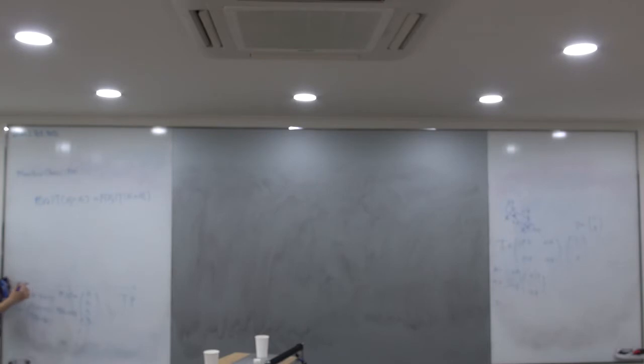If this condition is satisfied, your Markov chain will converge to the original distribution. That's a very important theorem, which is called the detailed balance condition.